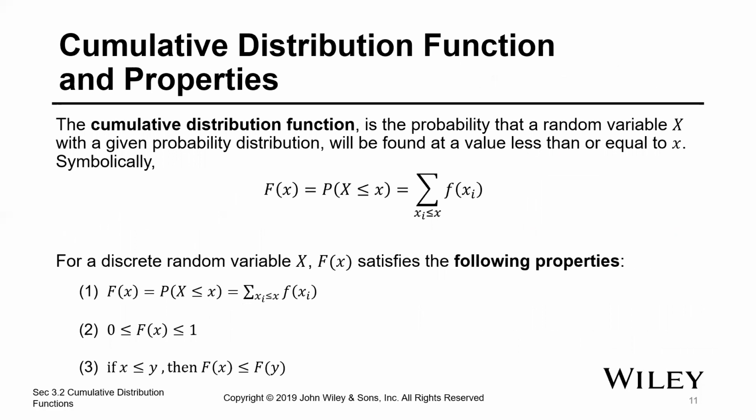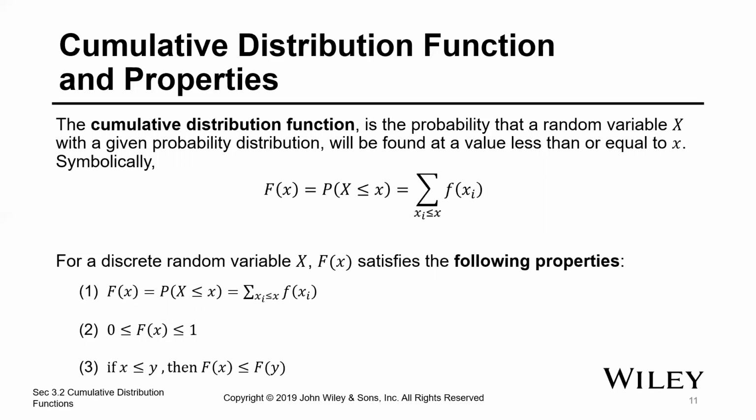Summation of your, so it is equal to the probability of big X being less than little x, summation of the f of x values. Your f of x will always be between 0 and 1. That's a given of any distribution.